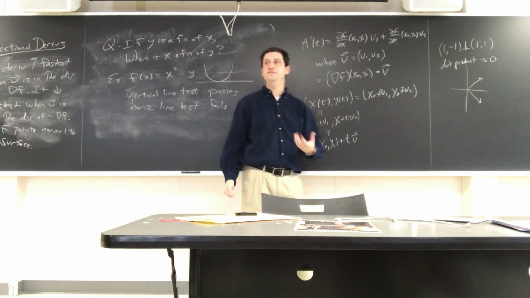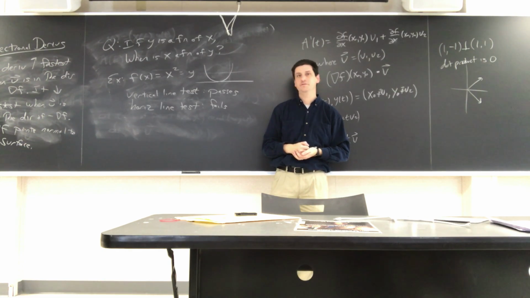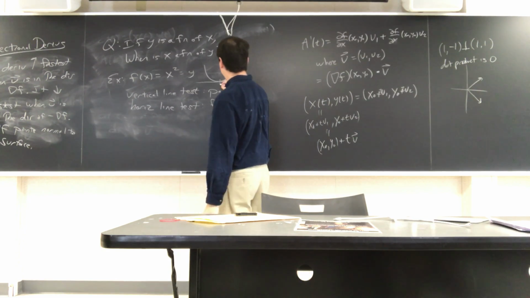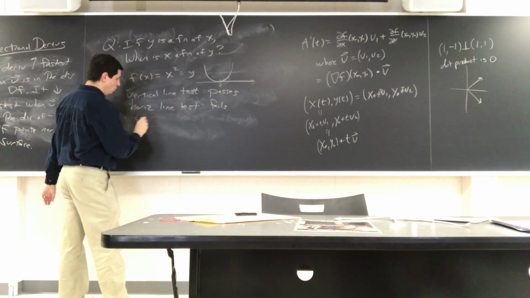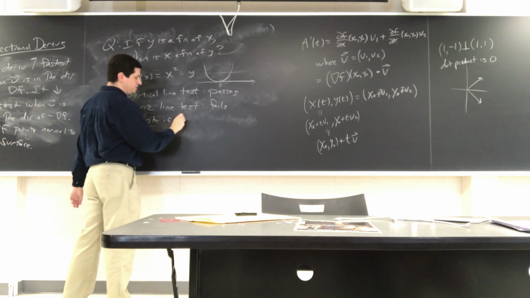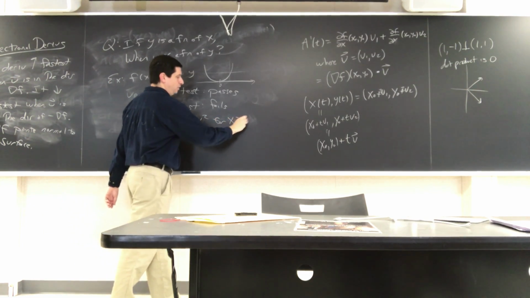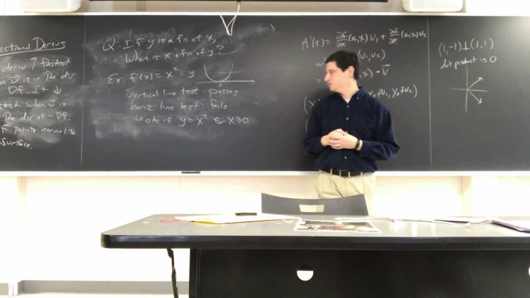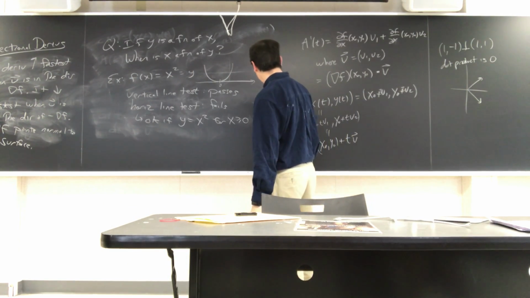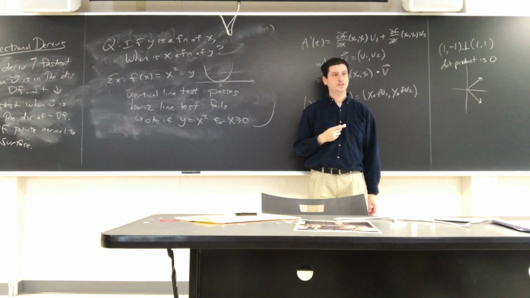There is not an inverse function defined on all the reals to my squaring function. But there is if I restrict myself to just, say, positive x. We're okay if we say y equals x squared for x greater than or equal to 0. So if we just restrict ourselves to x greater than or equal to 0, now if we look at the plot, it's going to look like this. And now an inverse exists.